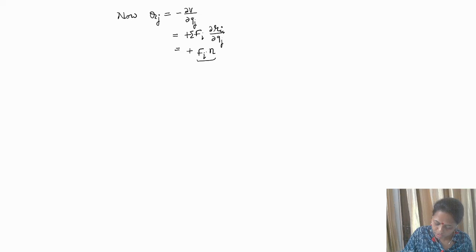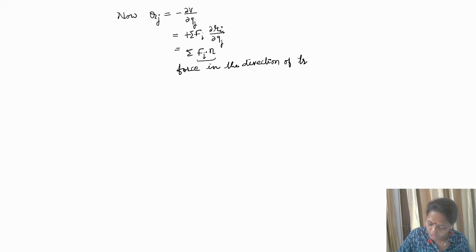So what is this? Taking all i, it is the summation of force in the direction of translation, because it is the component in the direction of translation, being dot product with n.